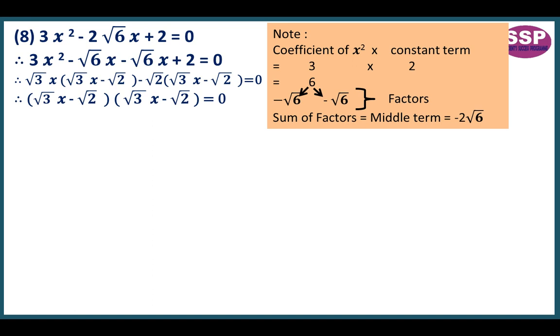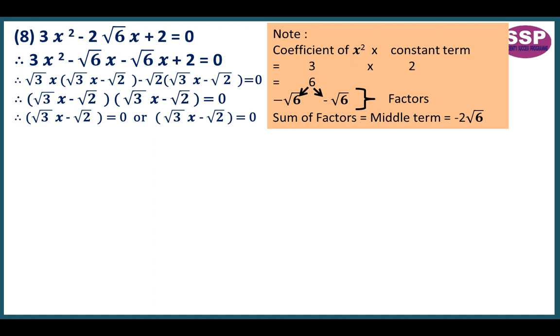From the second group, take minus under root 2 as common, so we get minus under root 2 into bracket root 3x minus root 2 equal to 0. Now taking under root 3x minus root 2 as common, we get under root 3x minus root 2 into bracket under root 3x minus under root 2 is equal to 0.